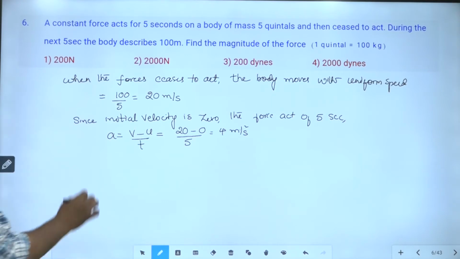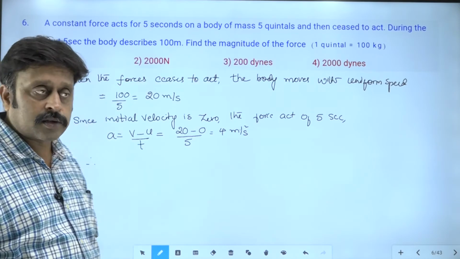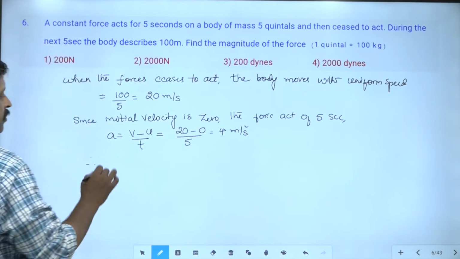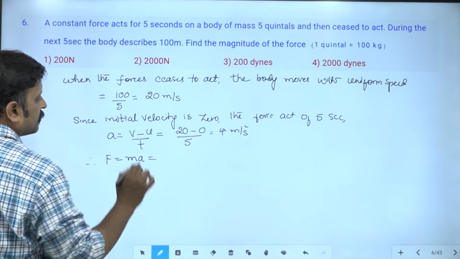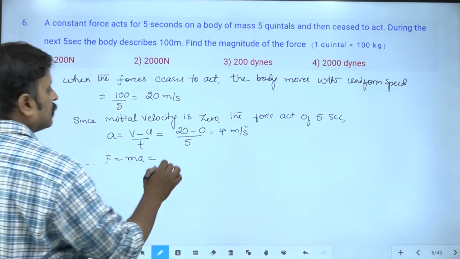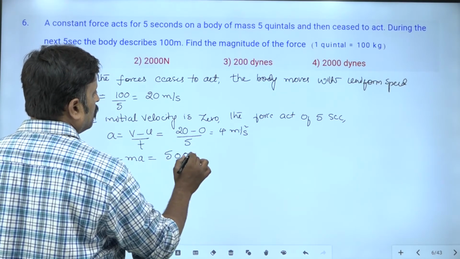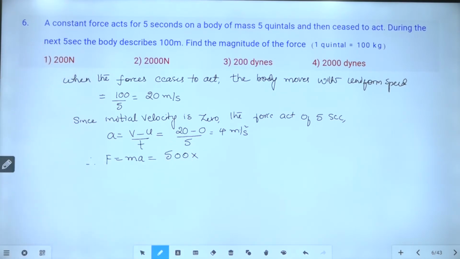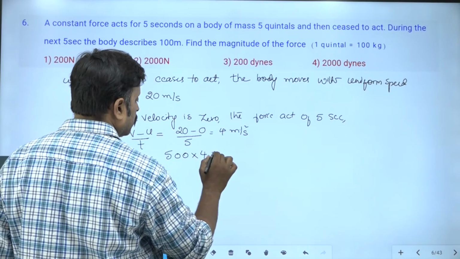Okay. Therefore, what are we asked to calculate? Find the magnitude of force. So the magnitude of force, F is equal to ma, from Newton's second law. What is the mass of the body? 5 quintals, so 500 kg, into what is the acceleration we got? 4 meter per second square.